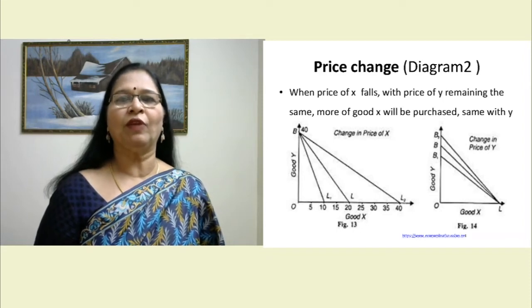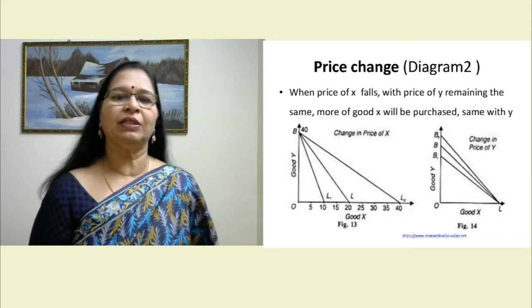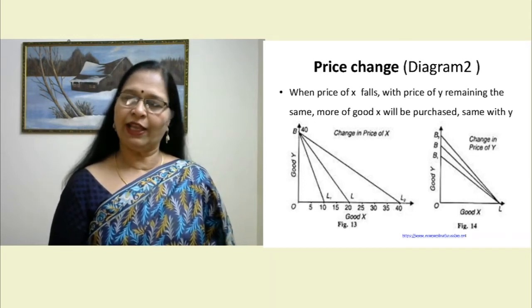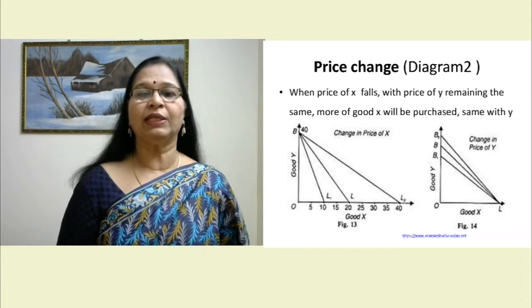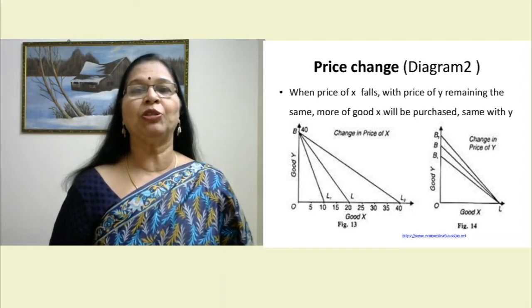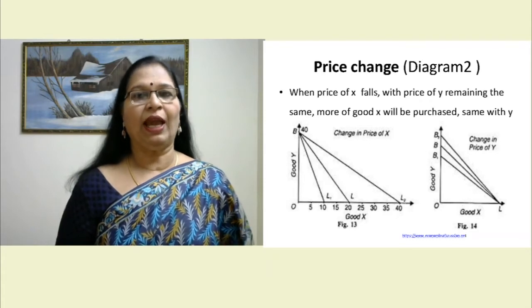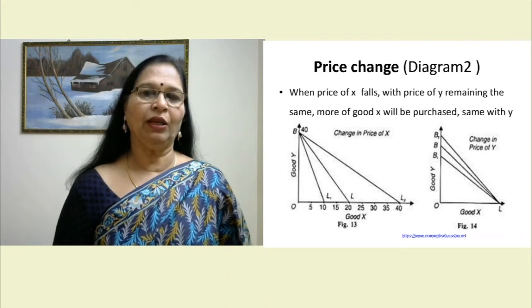The consumer was able to buy 10 units of commodity X. When the price of X falls, the consumer is now able to buy 20 units. When the price falls further, the consumer will be able to buy 40 units. So we have kept the price of Y constant, and we have only changed the price of commodity X.